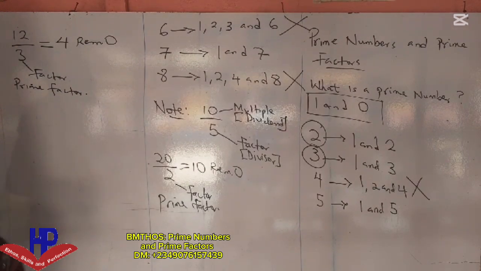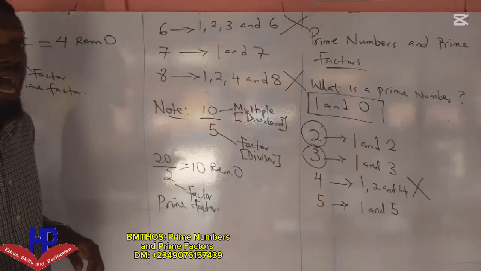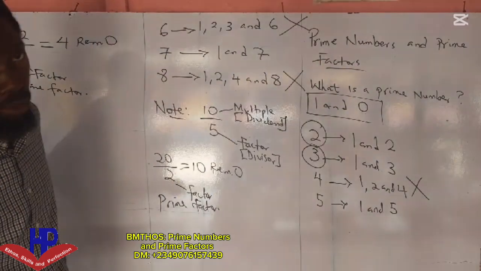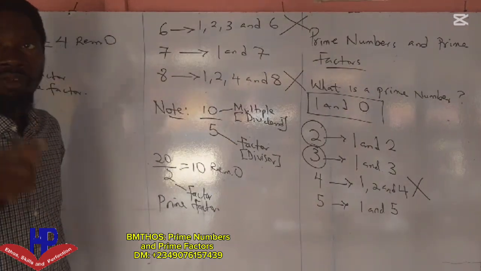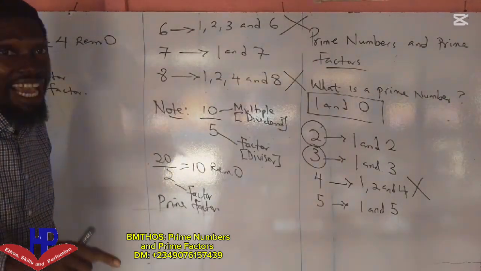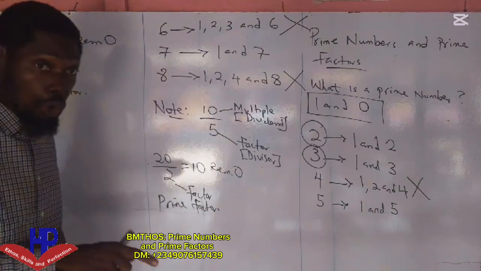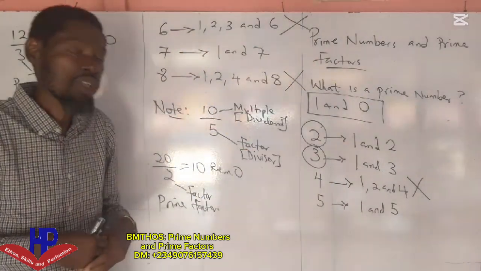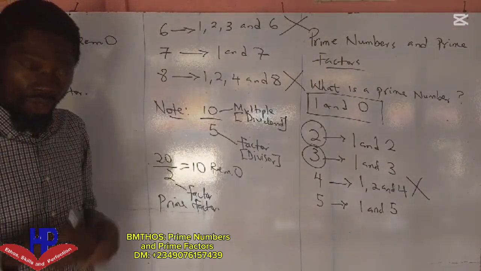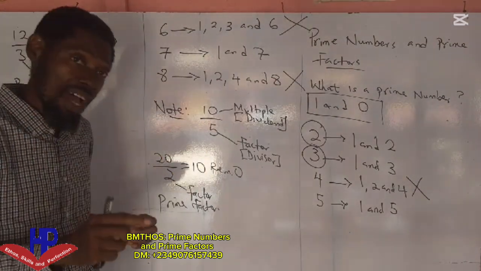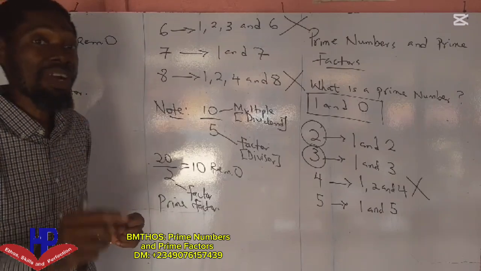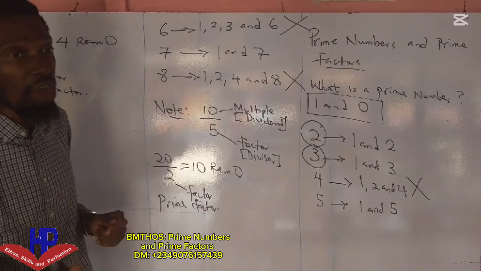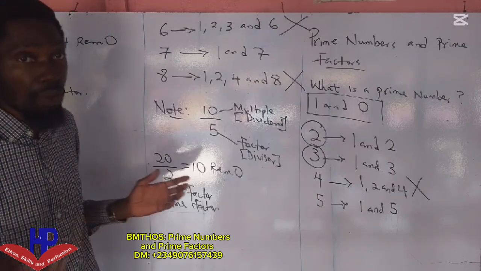So a prime factor is a prime number that is a factor to another number known as the multiple.